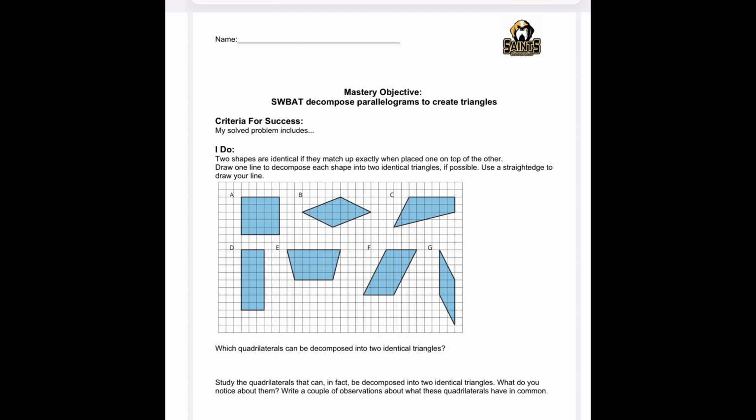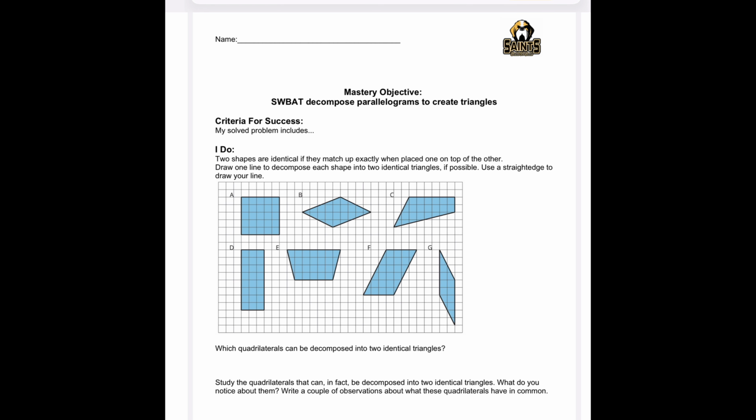So for the new CFS, I'd start with identifying the shape. So I'd ask myself, what kind of quadrilateral am I dealing with here? Notice all the different shapes on here. Then number 2, I'm going to draw lines, turning it into 2 triangles. This is prepping them to be able to understand how they can turn things into triangles and solve based on that.